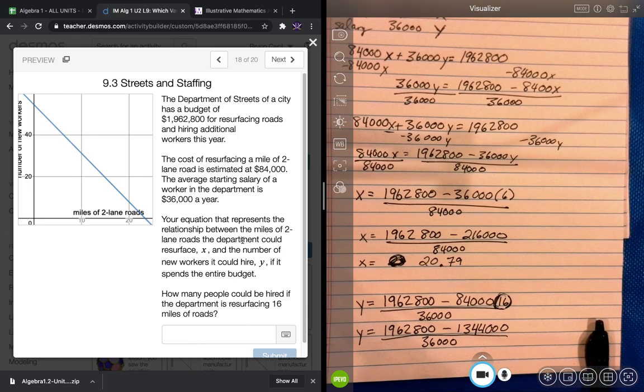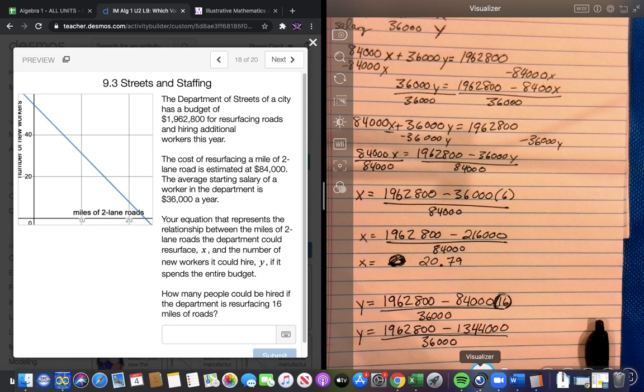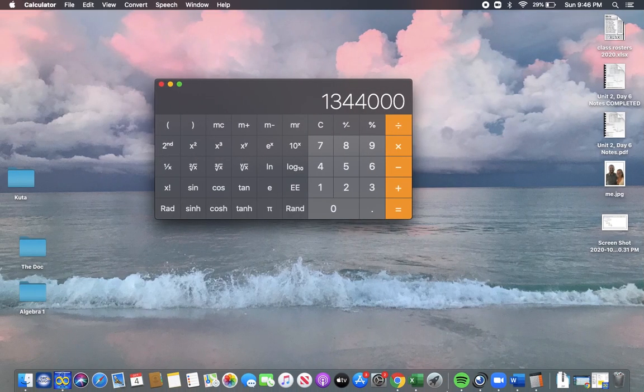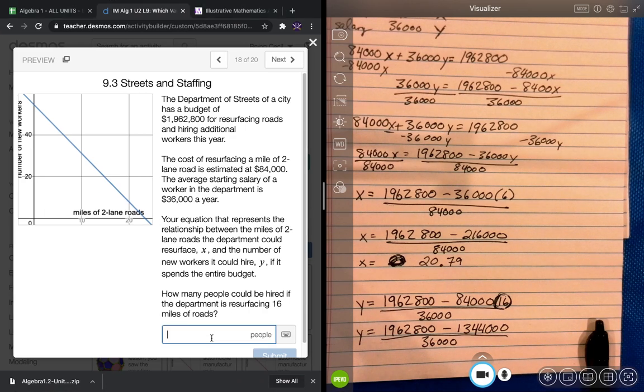Okay, so we're going to plug this into our equation now and see what we get. So 1,962,800 minus 1,344,000. I get this divided by 36,000. I got 17.118. Now we've got 17.